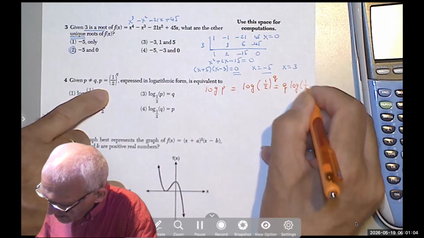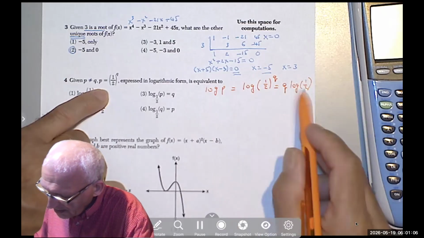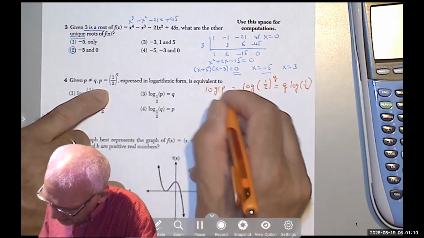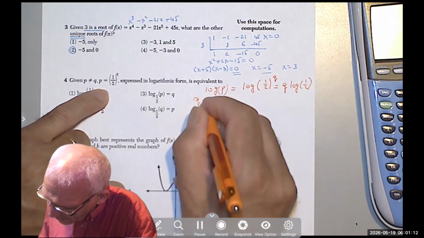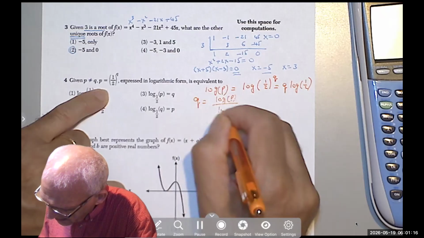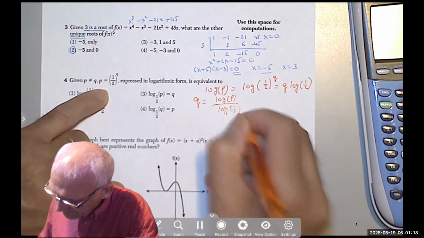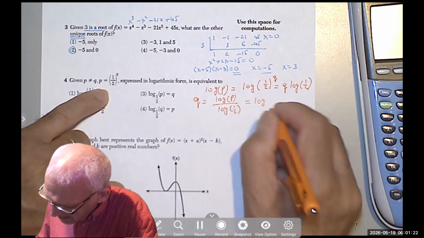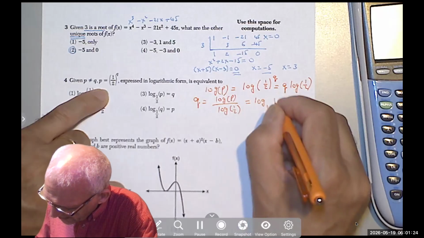Log or natural log, it doesn't matter, right? So now I can solve for Q. I say Q equals log of P divided by log of 1/2. And you should know that this is log to the base of 1/2 of P, which is 3.